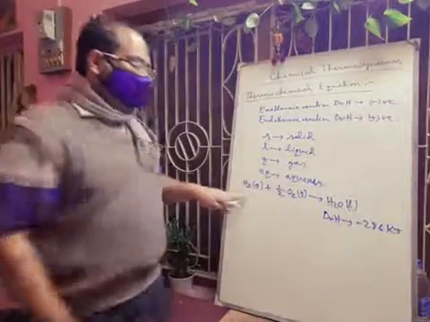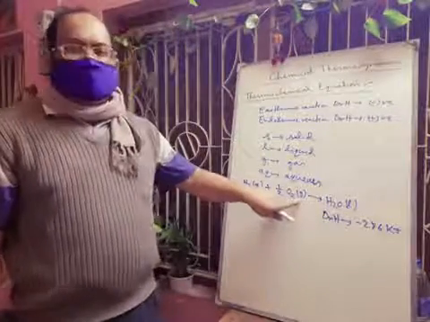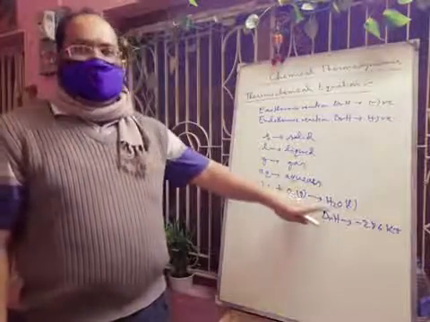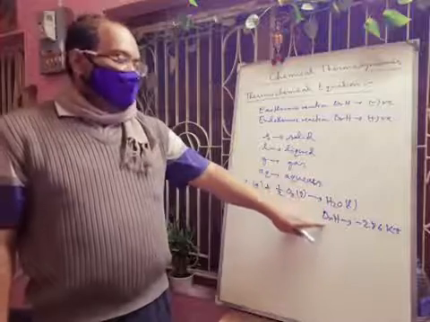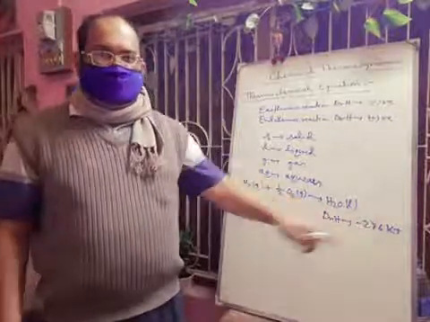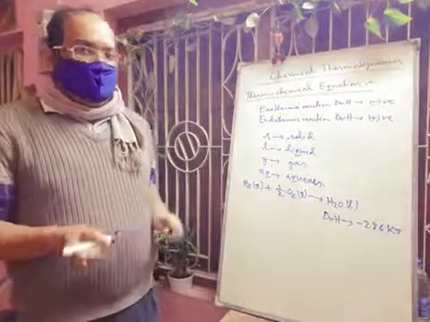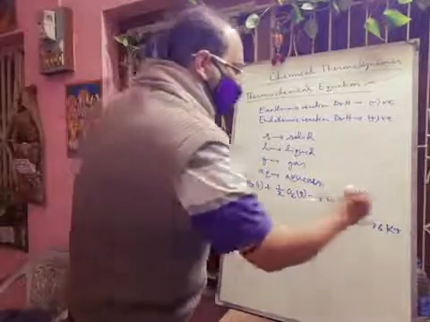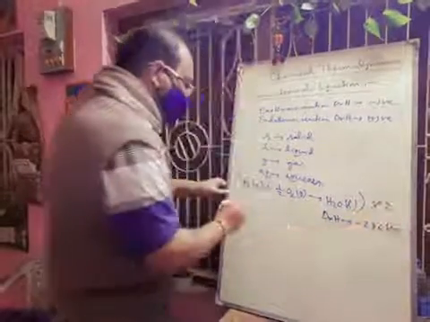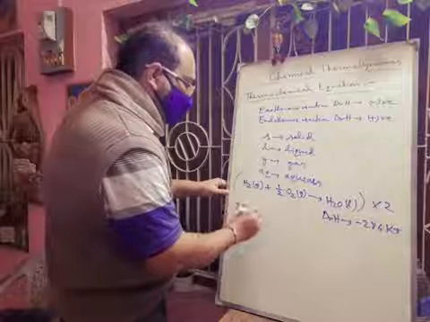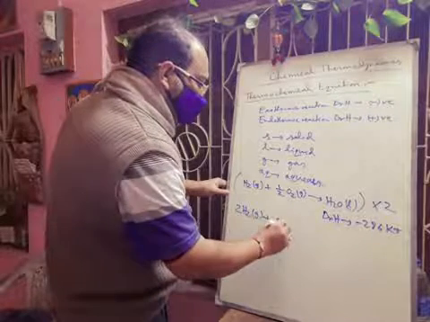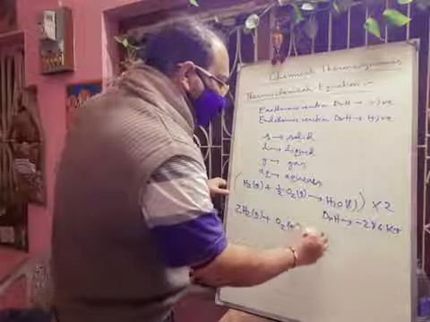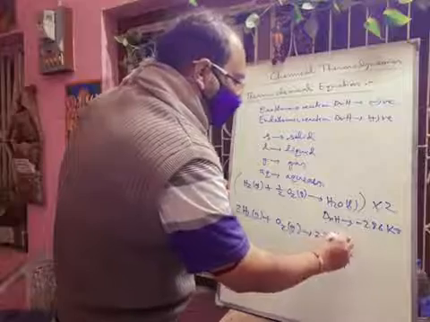Here H2 gas plus half O2 gas forming water liquid, and delta RH value is minus 286. Now if we multiply it by 2, then we will get 2 H2 gas plus O2 gas forming 2 H2O liquid.